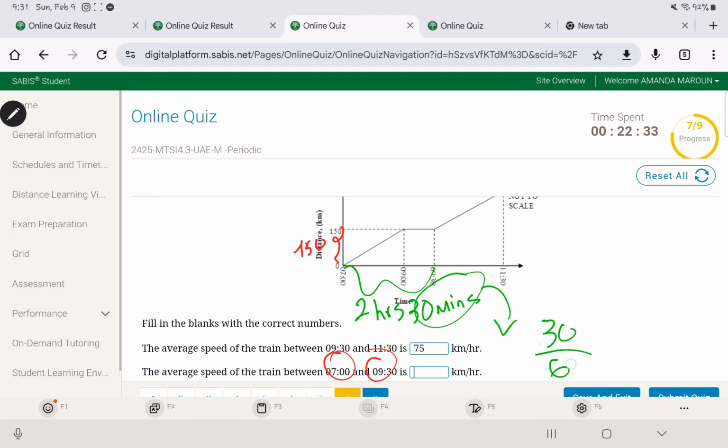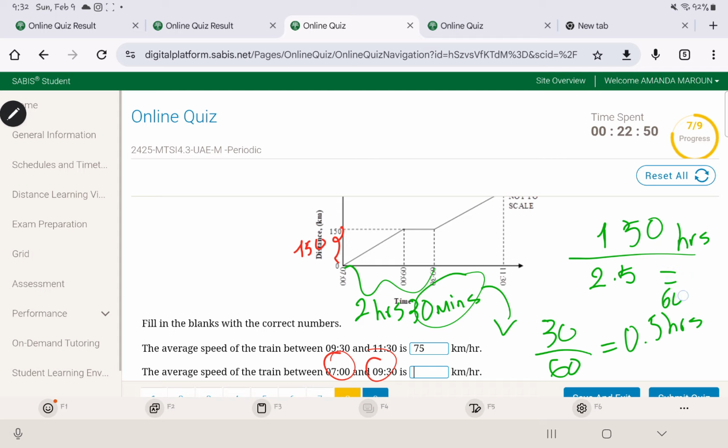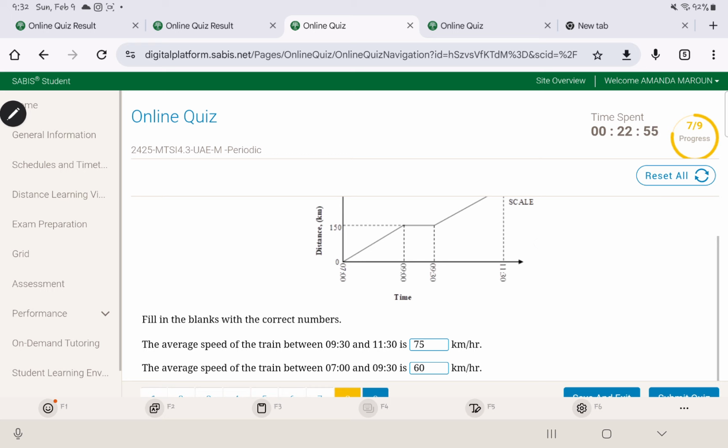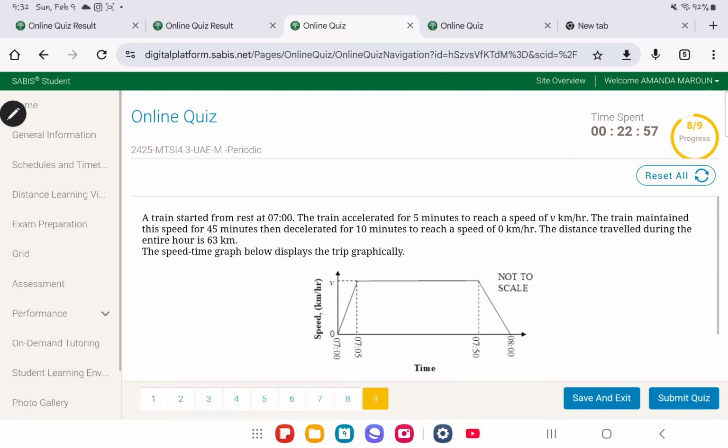So 30 divided by 60 gives an answer of 0.5 hours. So 2 plus 0.5 is 2.5. So it's going to be 150 divided by 2.5 hours, and we will get an answer of 60 kilometers per hour. We move on to question number 9.